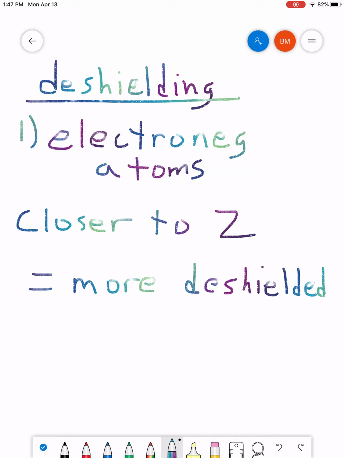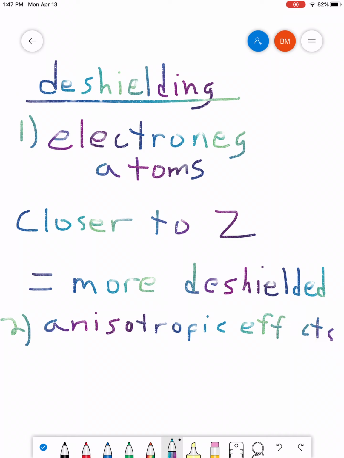In other words, it can make the effects of the external magnet stronger or weaker. Certain ones tend to do certain things. These are called anisotropic effects, a fancy way of saying the effects of pi electron magnetic fields on the external magnet.